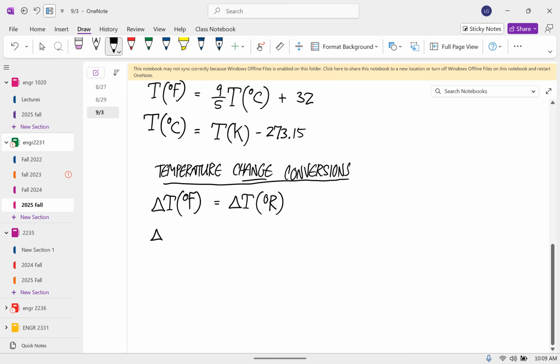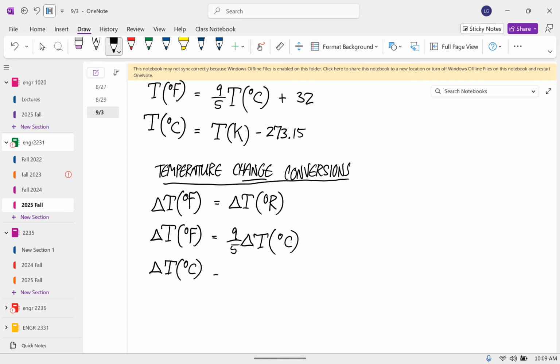A change in temperature using Fahrenheit is 9/5 of the change in temperature using Celsius. And a change in temperature in Celsius is the same thing as a change in temperature using Kelvin.